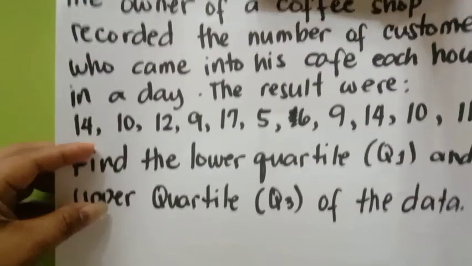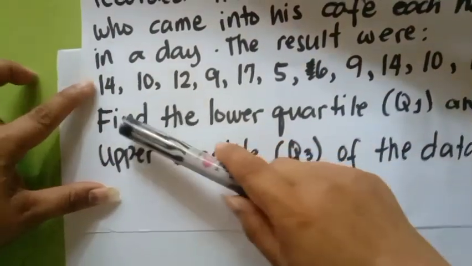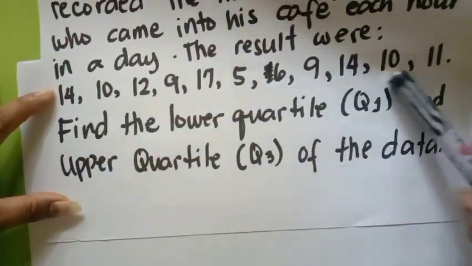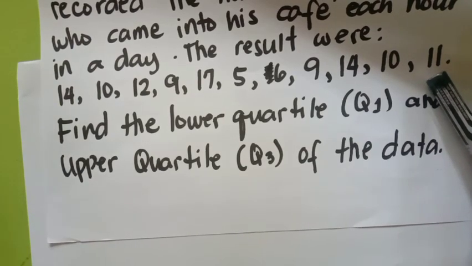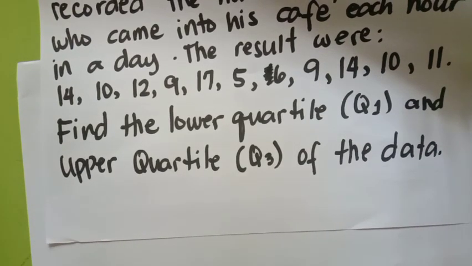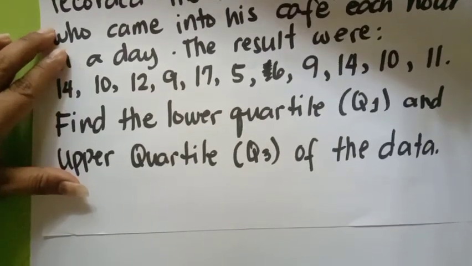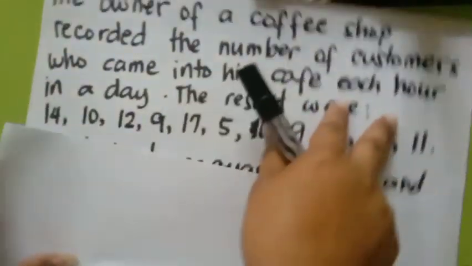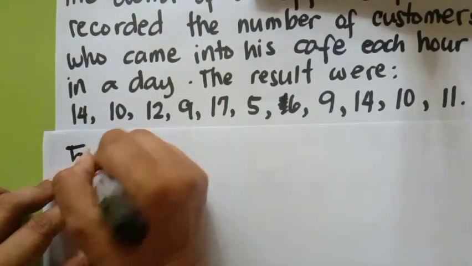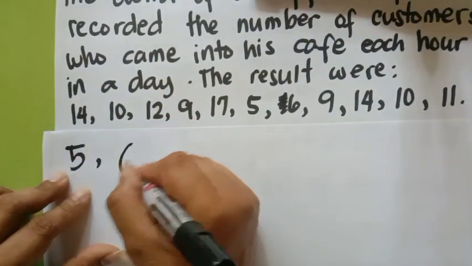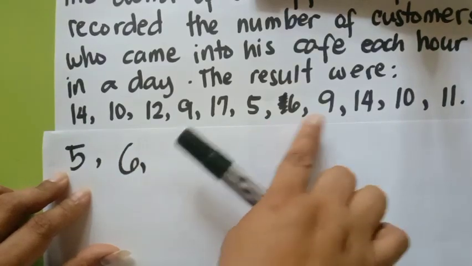So, dito sa mga data na ito, iaayos natin siya from the lowest number, lowest data up to the highest data. Pagsusunod-sunod rin. So, ang lowest is 5. So, we have 5. Then, we have 6. 5, 6, then 9.